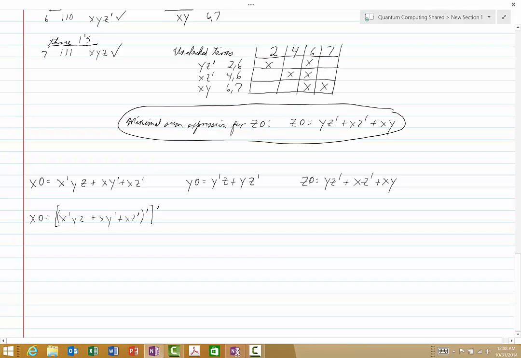And again, what we're going to do is keep that outer prime right where it is, but the inner prime we will handle using De Morgan's theorem. So the complement of a sum is the product of the individual complements. So we have x prime y z complement ANDed with x y prime complement ANDed with x z prime complement.